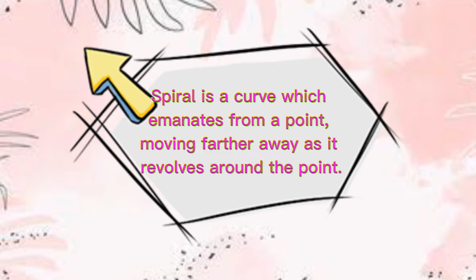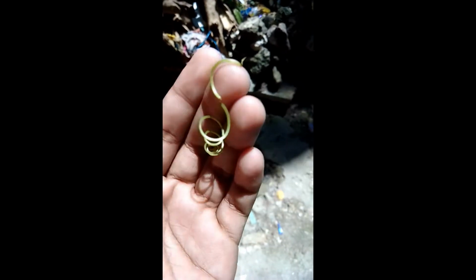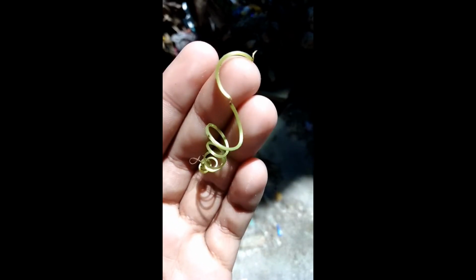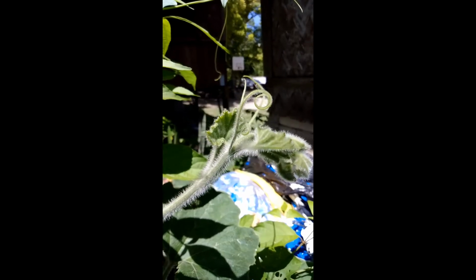Spiral is a curve which emanates from a point, moving farther away as it revolves around the point. So, this one also can be an example of spiral. This one also is an example of spiral.